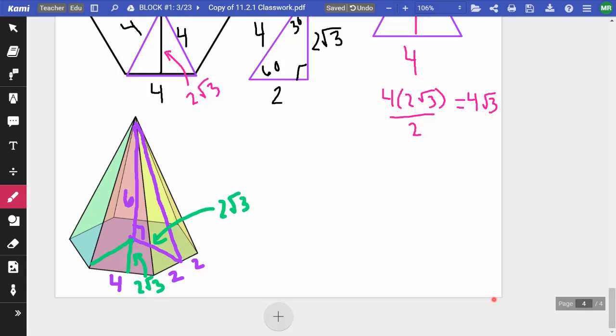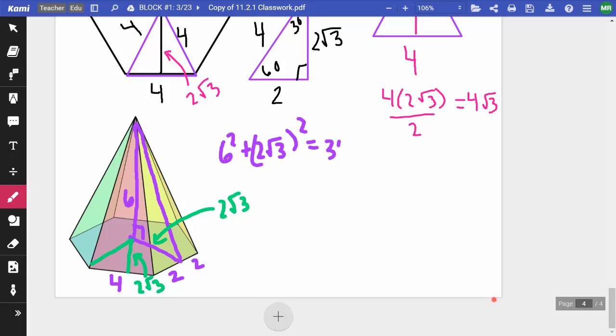What I'm using this to find is the hypotenuse of that purple triangle I drew in. One leg is 6, one leg is 2 root 3. I'm going to do the math for that purple triangle to find the hypotenuse, and that hypotenuse is my slant height. So I'm going to go 6 squared plus 2 root 3 squared.